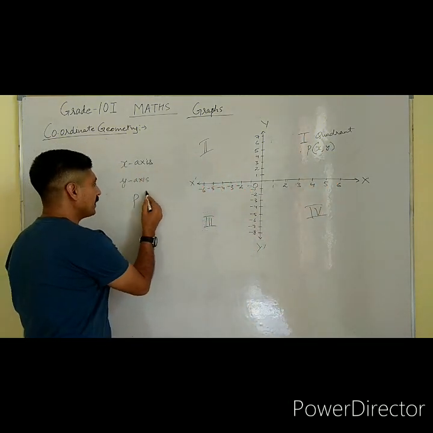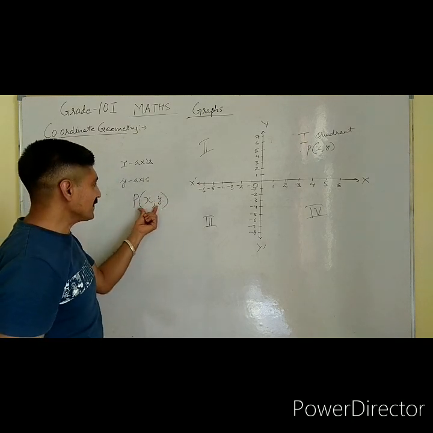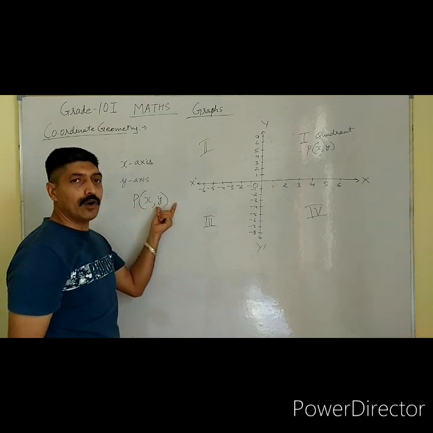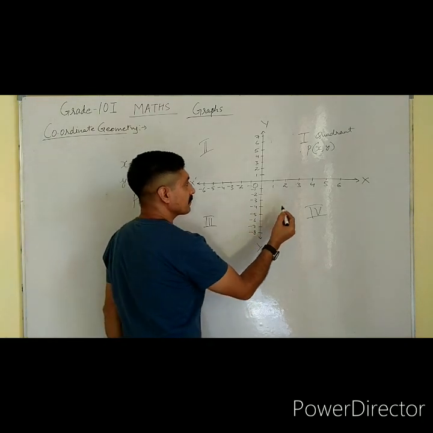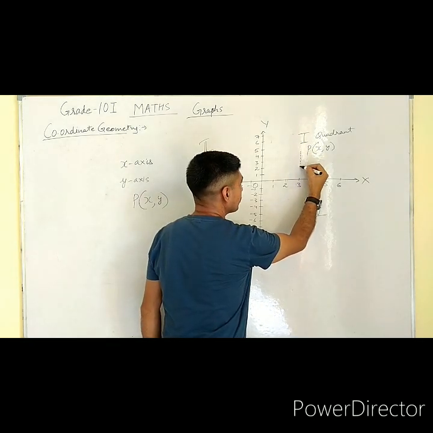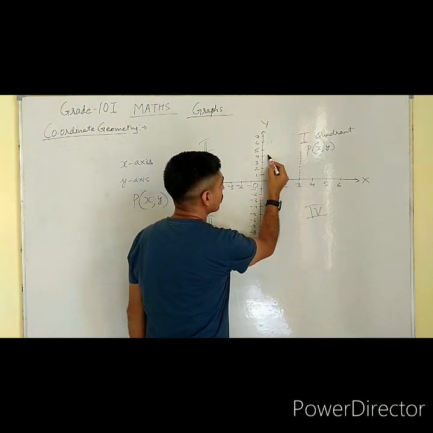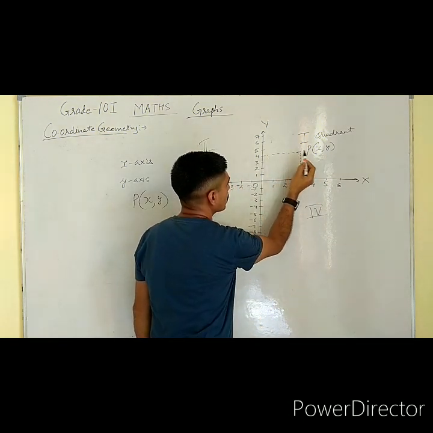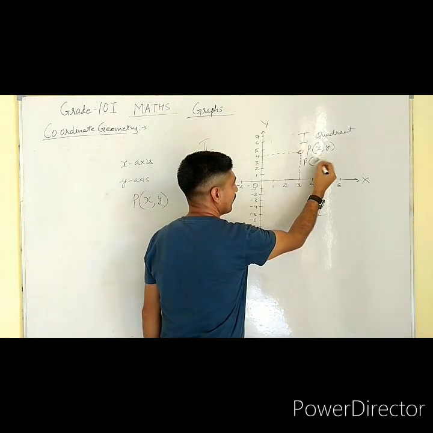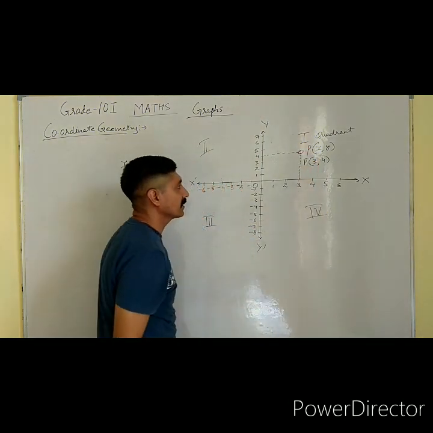If any point P whose coordinates are x and y, so x is called the abscissa and y is called ordinate. So for this case, here x is 3 and y is 4. So the point P is having 3 as the abscissa and 4 as the ordinate.